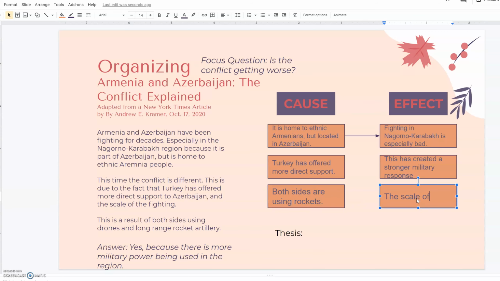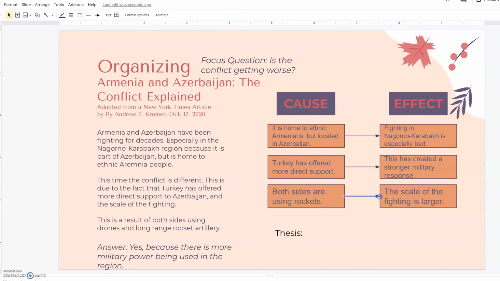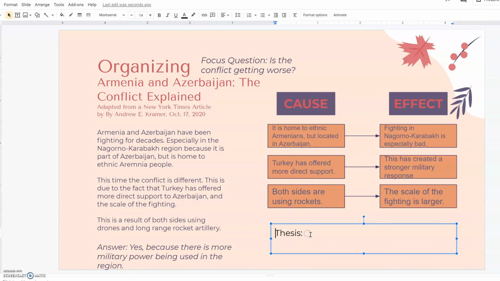The scale of the fighting is larger, right? And you'll notice I have little arrows right here, so we can create arrows using the line tool. Click, click, boom. Click, click, boom. All right.